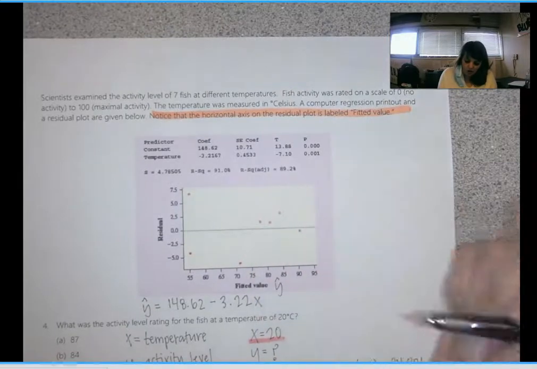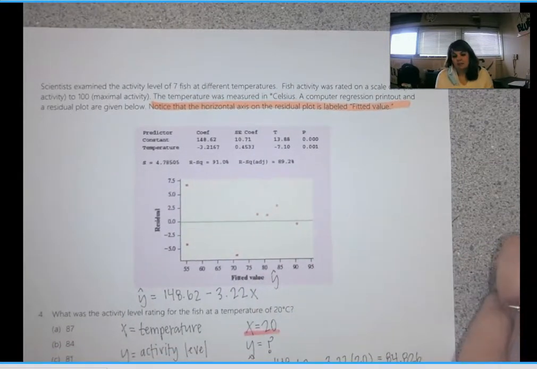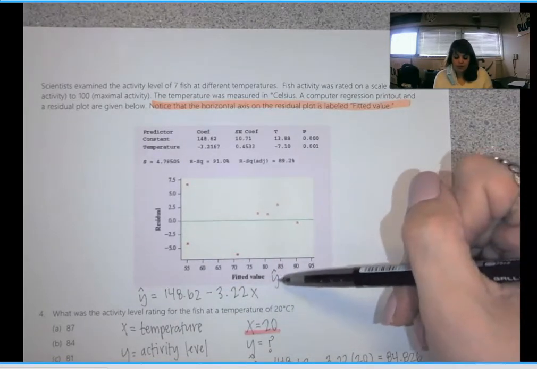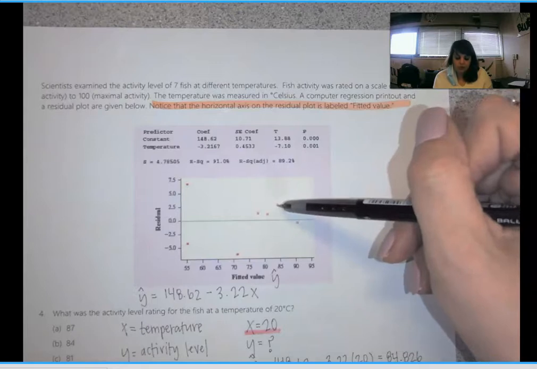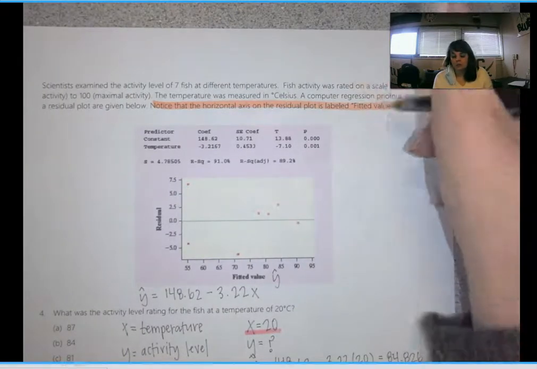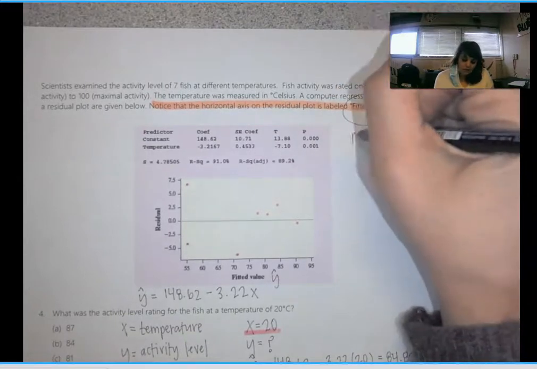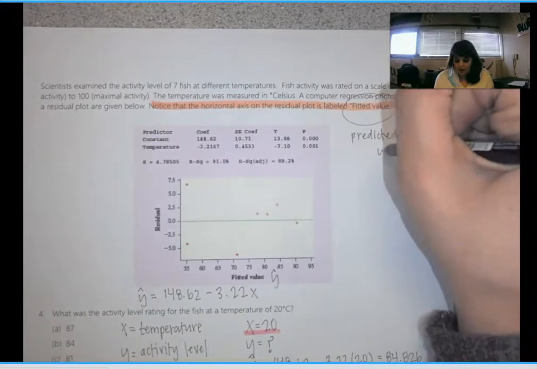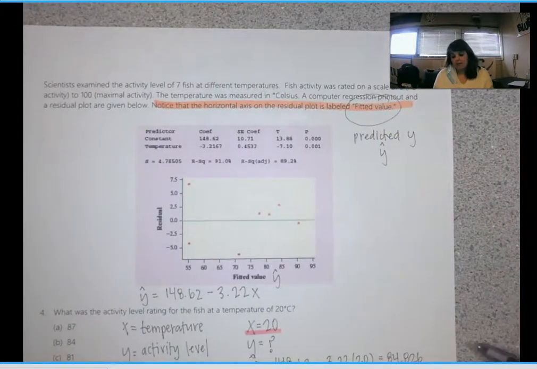It's all the y hats. So what this is giving you is your predicted y value and the residual that matches your predicted y value. So this fitted value is the same thing as predicted y or y hat.